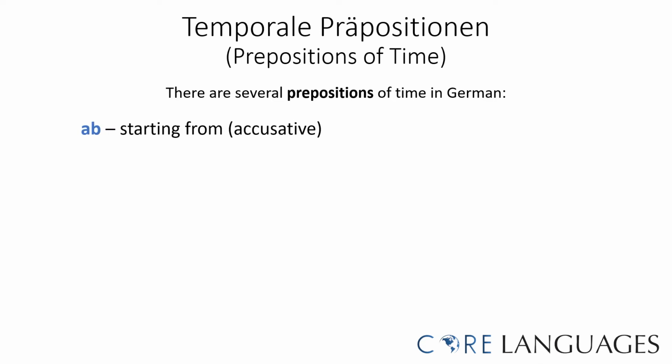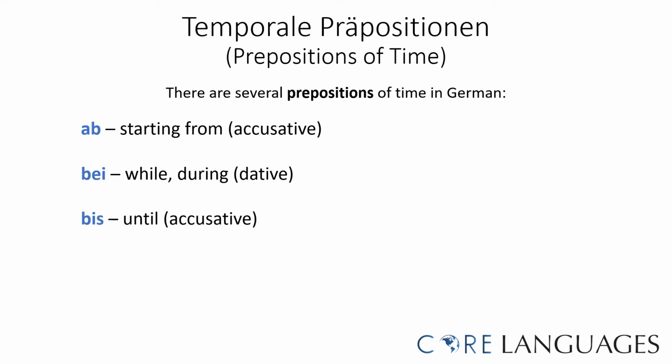For example, ab, starting from. This preposition goes with the accusative case. Bei, while or during, which goes with the dative case. Bis, until, accusative.